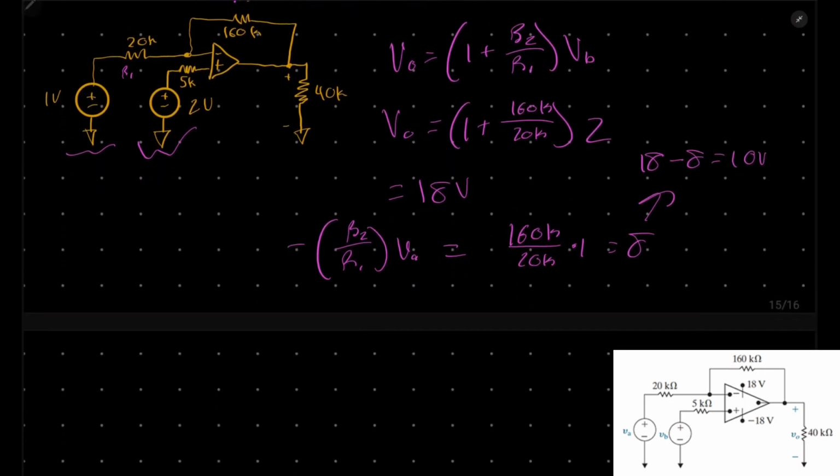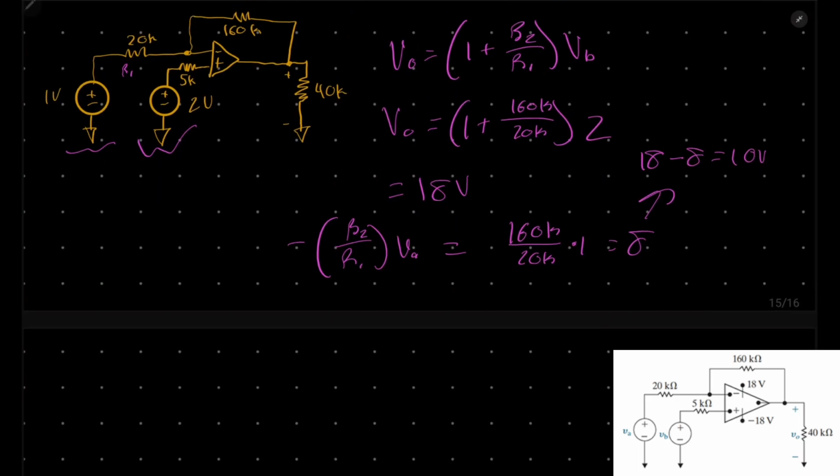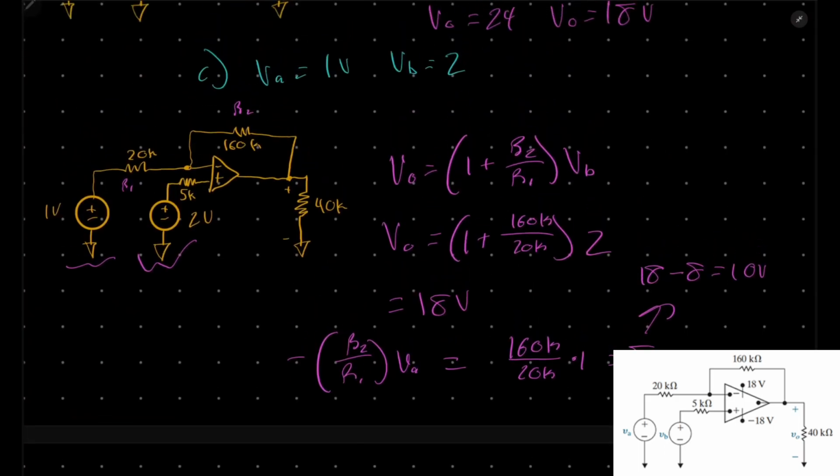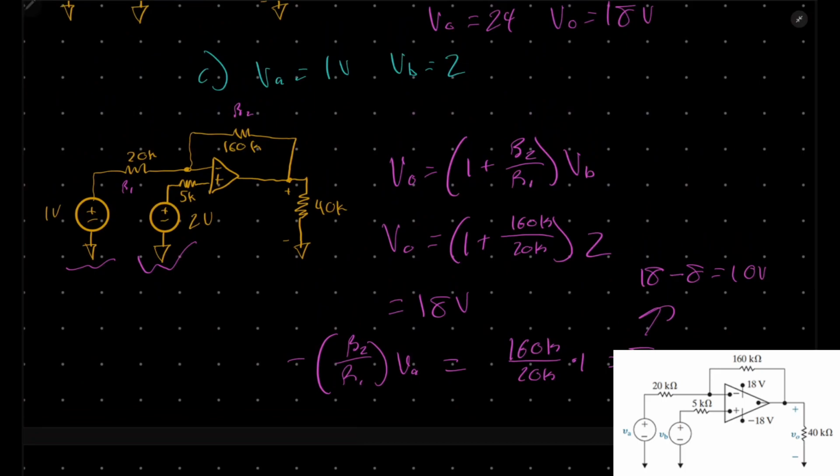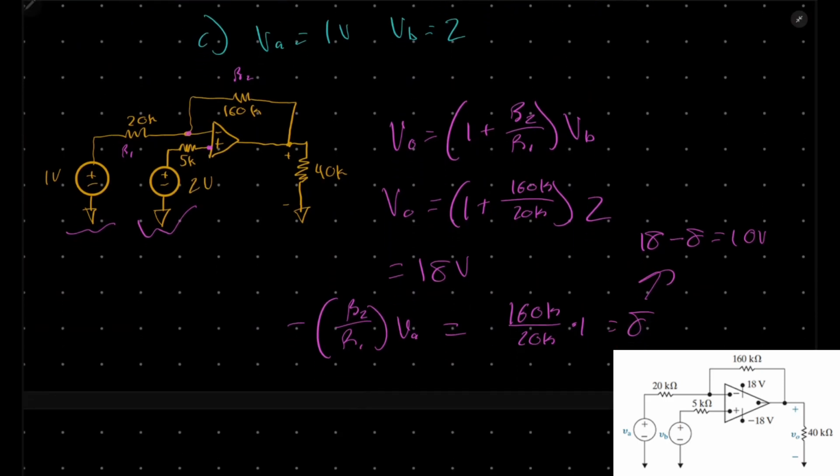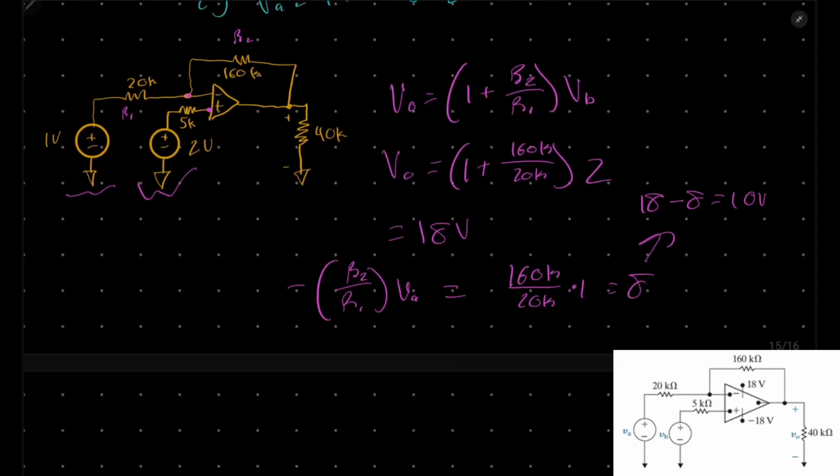Now, to write this a little better, what we are doing is we are taking the voltage from this node and subtracting it from this node. So we can rewrite our equation as such.